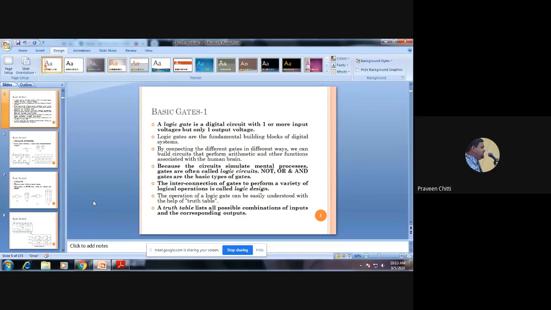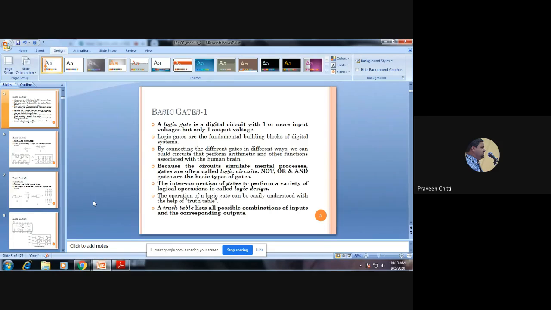For example, normally we use 0 volt and 5 volt in most of the cases. If you use 5 volt to represent logic high and 0 volt to represent logic low, then that system is called as what? Positive logic digital system.